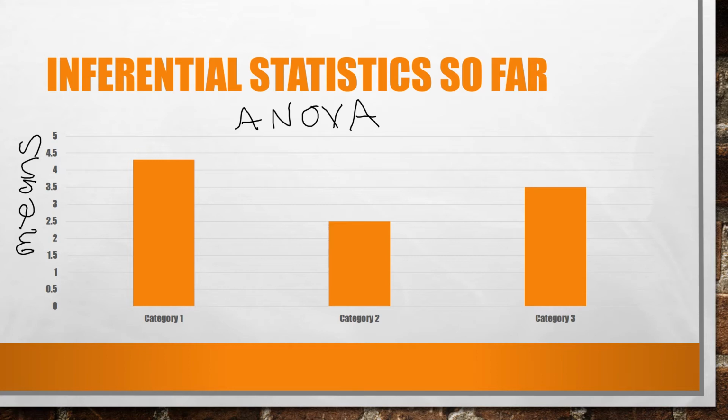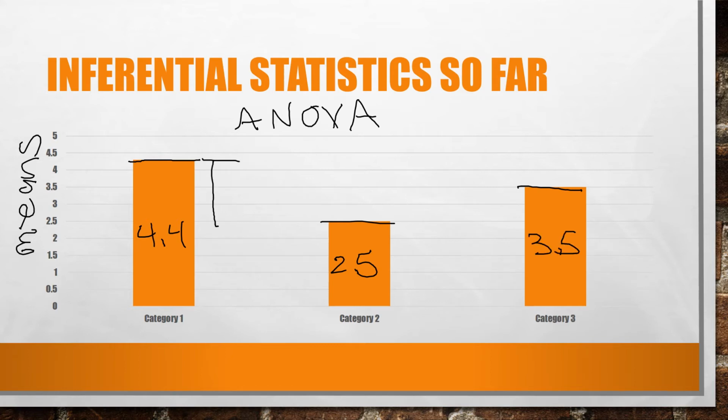So the mean for category 1 is about 4.4 or so. For category 2 here it's 2.5. And for category 3 it's 3.5. So here are the means, and we want to know if these differences are significant.